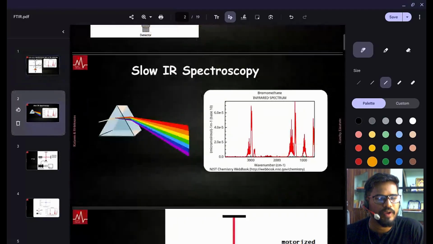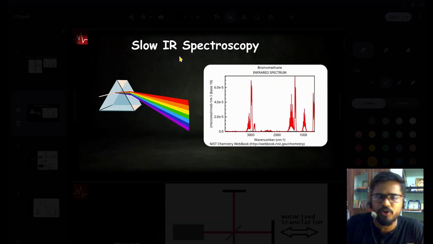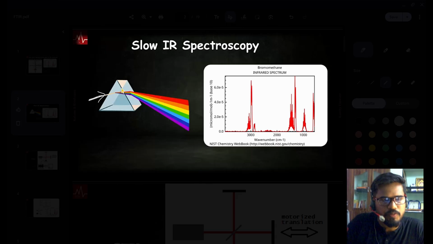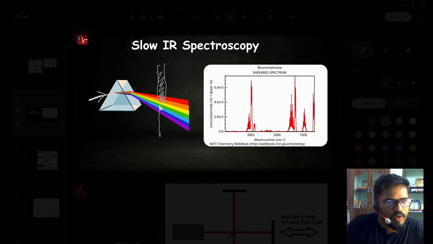If I were to get the spectral information, there is a slow infrared spectroscopy version of this. You will have to take the incoming signal, split it into wavelengths, typically by passing it through a prism, and then select the wavelength that you want to let through. For example, if I am planning to send in the green or the yellow wavelength, I let only the yellow through.